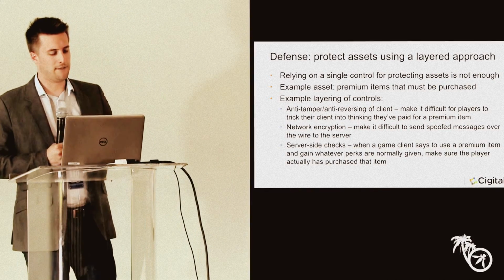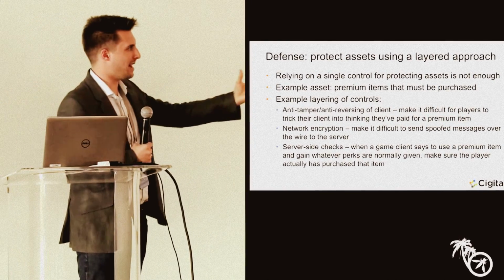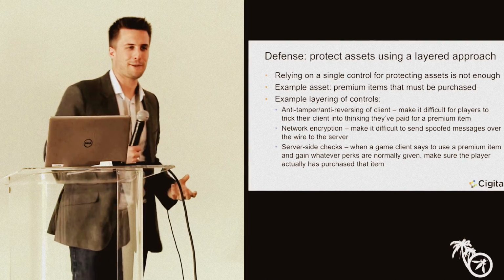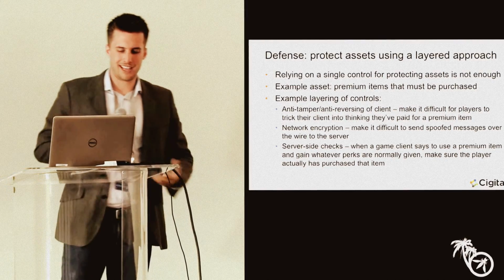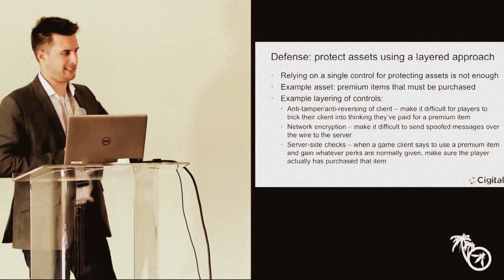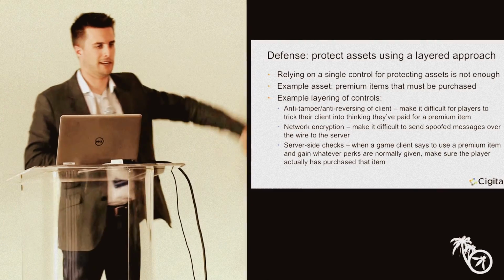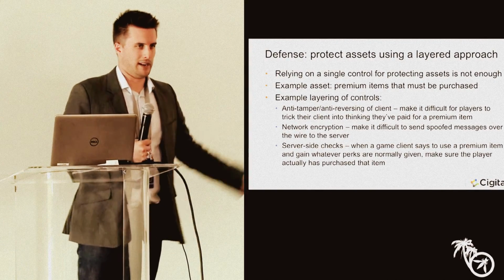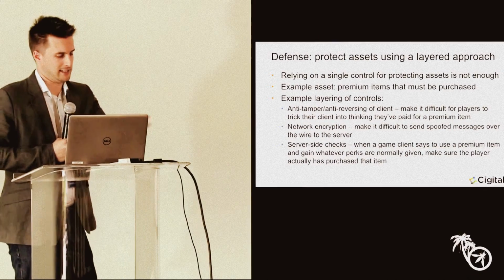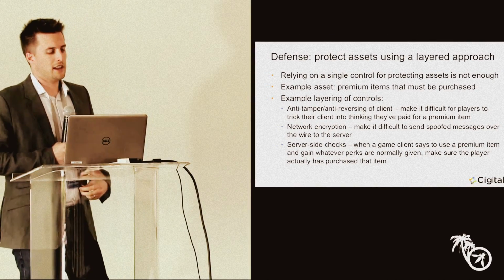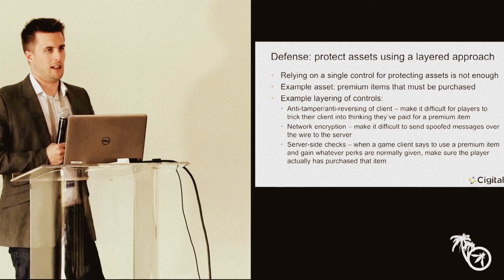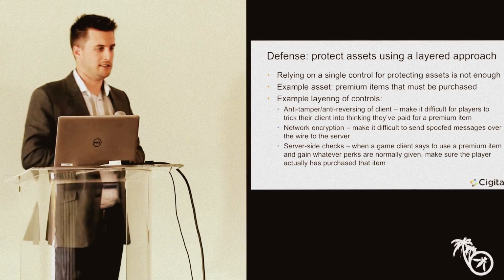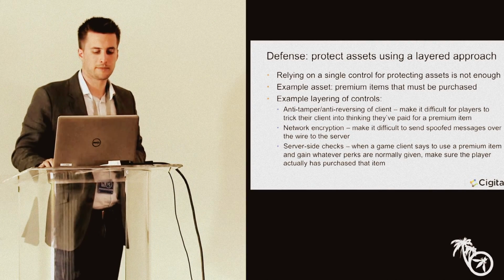If you make the network encrypted, it's going to be a lot more difficult than sending plain text traffic. As an attacker, I can sniff the wire and see the plain text go right by and say, okay, I'm going to give myself unlimited whatever. As a defender, if you encrypted that data, it would have been a lot harder for an attacker to sniff that and replicate it.